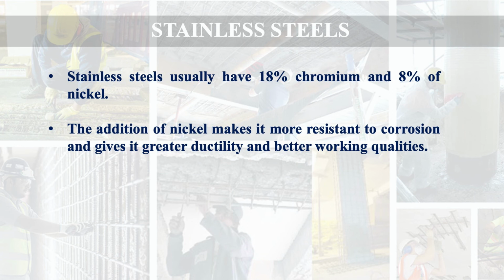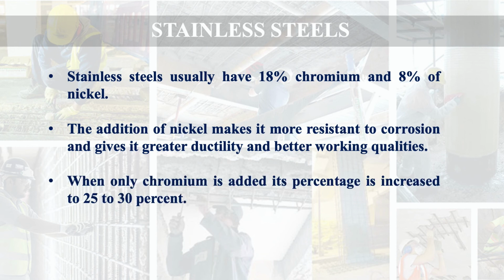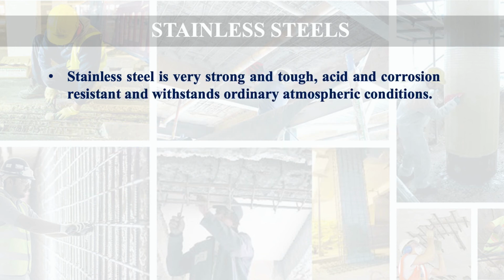The addition of nickel makes it more resistant to corrosion and gives it greater ductility and better working qualities. When only chromium is added, its percentage is increased to 25 to 30%. Stainless steel is very strong and tough, acid and corrosion resistant, and withstands ordinary atmospheric conditions.